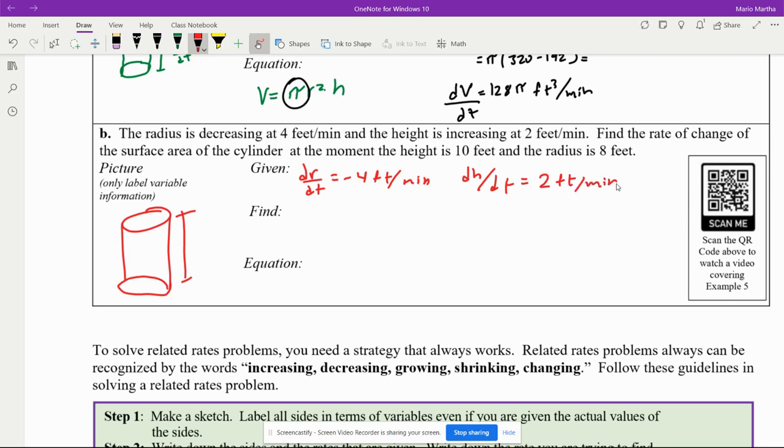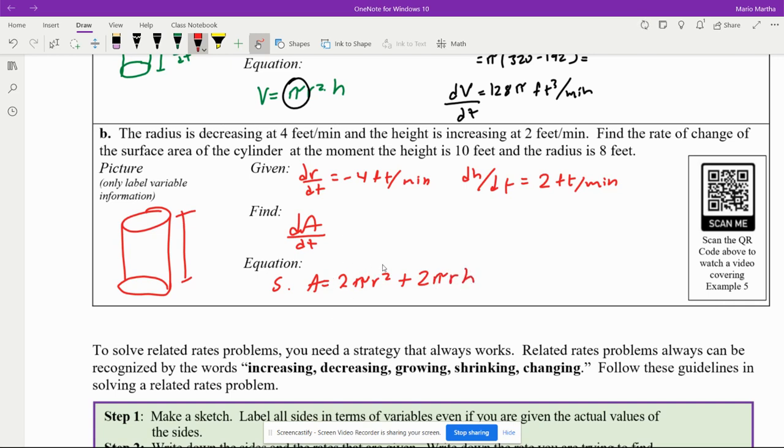And then it says find the rate of change of the surface area. So we're looking for dA/dt, right? And then to find the surface area of a cylinder, you add up the top and the bottom. So that would be 2 pi r squared. And then plus, if you take a can apart, right, you get the other part, which would be, in this case, just 2 pi r h.